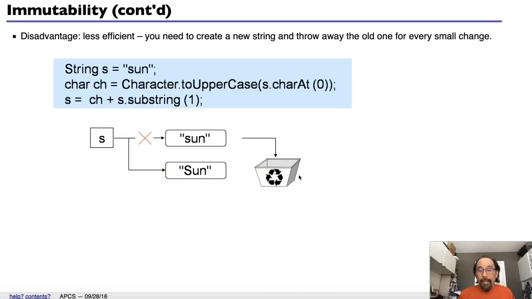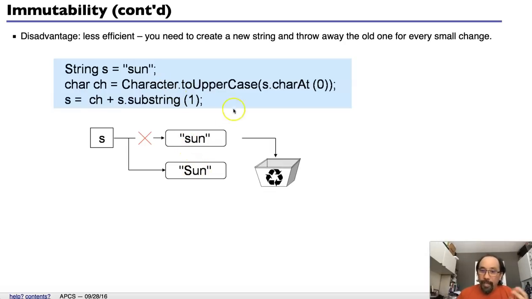Now, the disadvantage is this: you cannot actually change a string very easily. Suppose I had lowercase "sun" as my object, and I just want to replace a single letter within that string with a capital letter. I can't do that. What I could do is write some Java code that creates a brand new string.